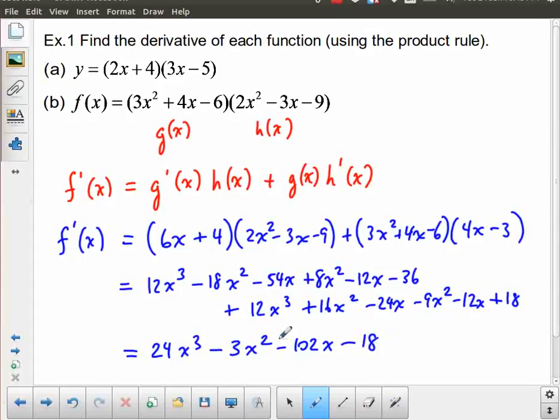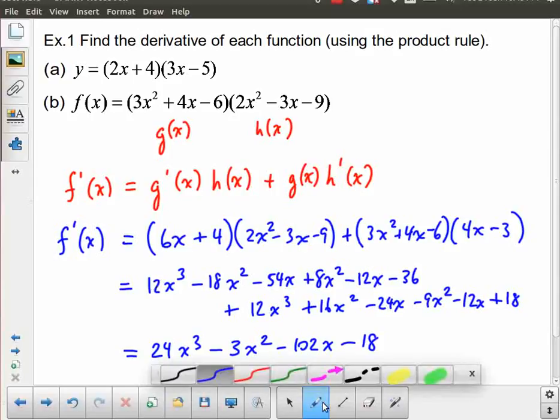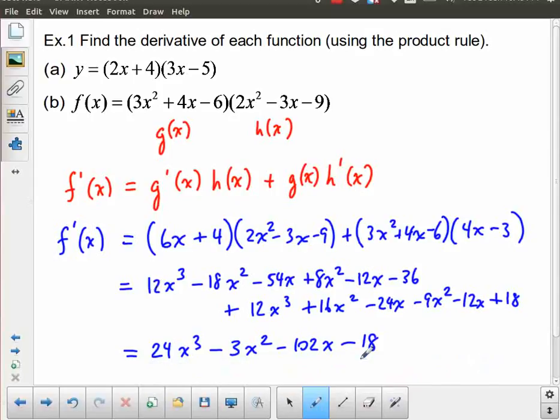Now, it wouldn't be the worst idea in the world for me to just double check this here. So 12x cubed plus 12x cubed is equal to 24x cubed. So I've taken care of those. Actually, maybe I don't want to cross them out. That's kind of poor form, but I'm going to say, okay, I've taken care of those. Minus 18x squared plus 8x squared is minus 10x squared. Minus 10x squared plus 16x squared is plus 6x squared, so that's taken care of.